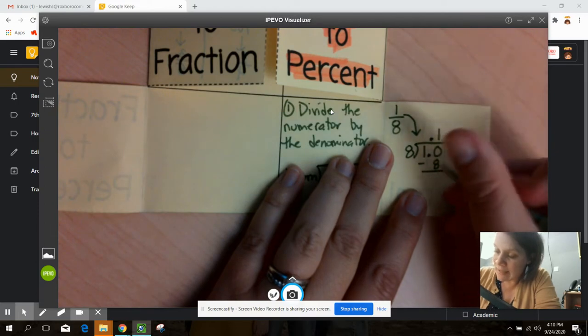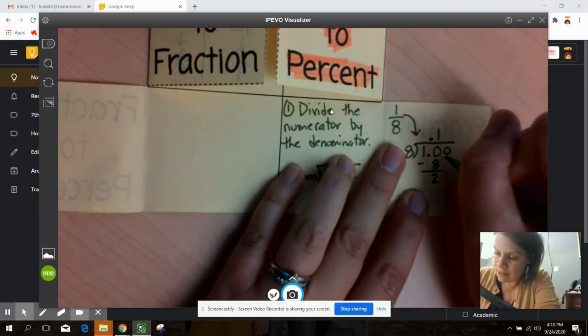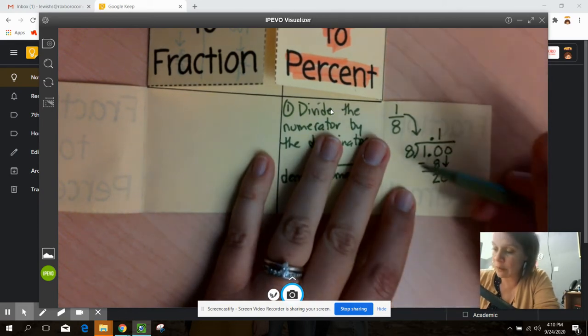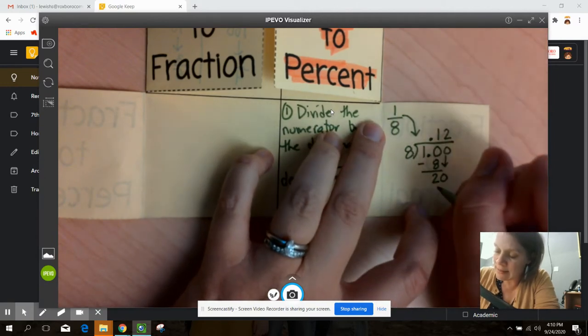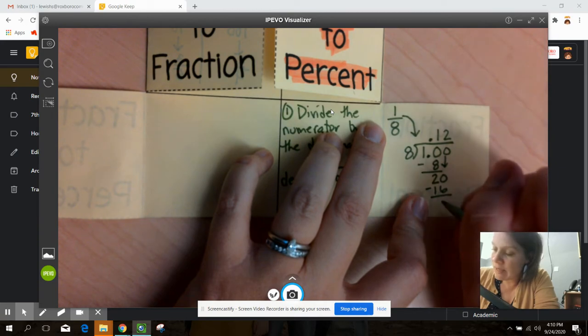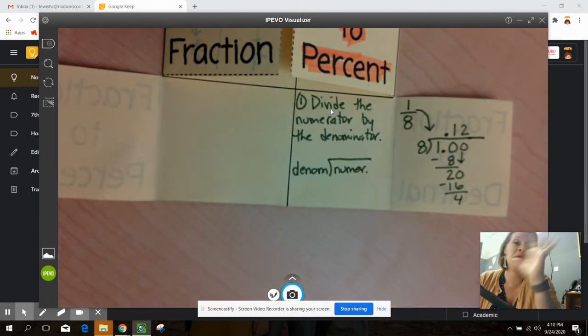So now I'm going to subtract. 10 minus 8 is 2. There's another 0 here, and we're going to bring that down. Okay, so now I'm going to start and repeat. Start over. 8 will go into 20. 2 times 8 is 16. Subtract. We have a 4 there. Now, typically, I would just say stop, because y'all know me. I just say round to the nearest hundredth.